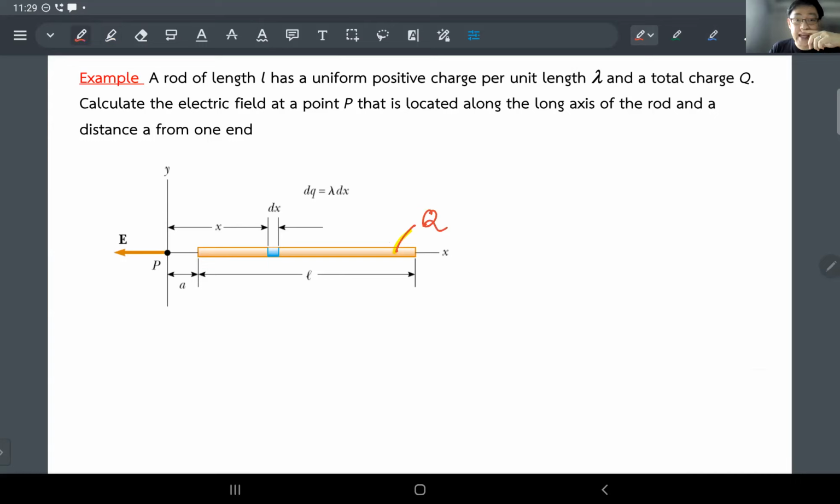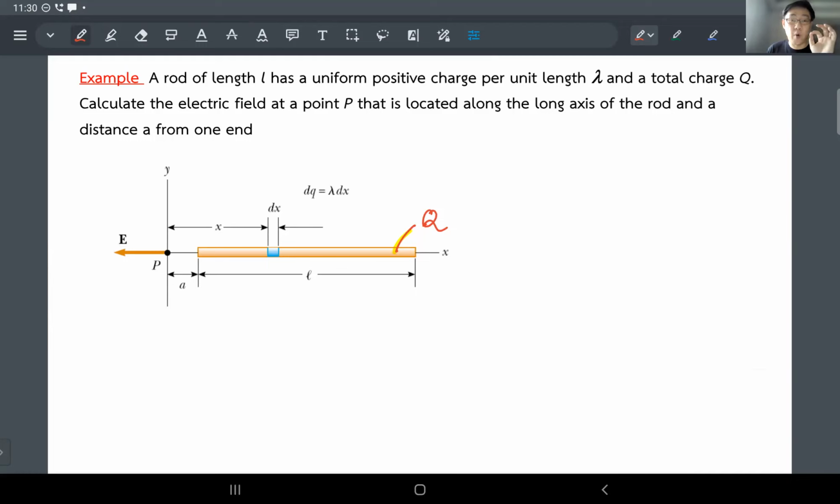Calculate the electric field at point P on the left, located along the long axis of the rod and distance A from one end. So it's already set up everything. And once again, everything that you have to do in calculus, you're supposed to have coordinates going on as well. So I'm going to put the point of interest, where we would like to calculate the electric field, at the origin as indicated there.